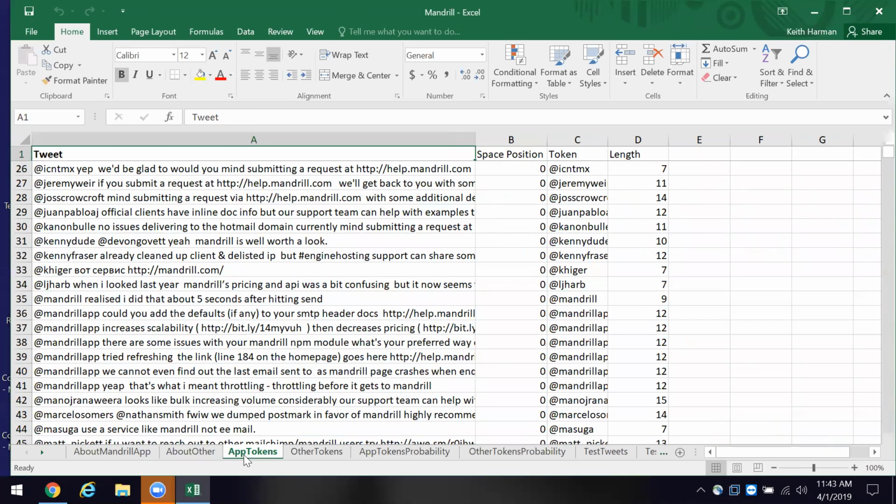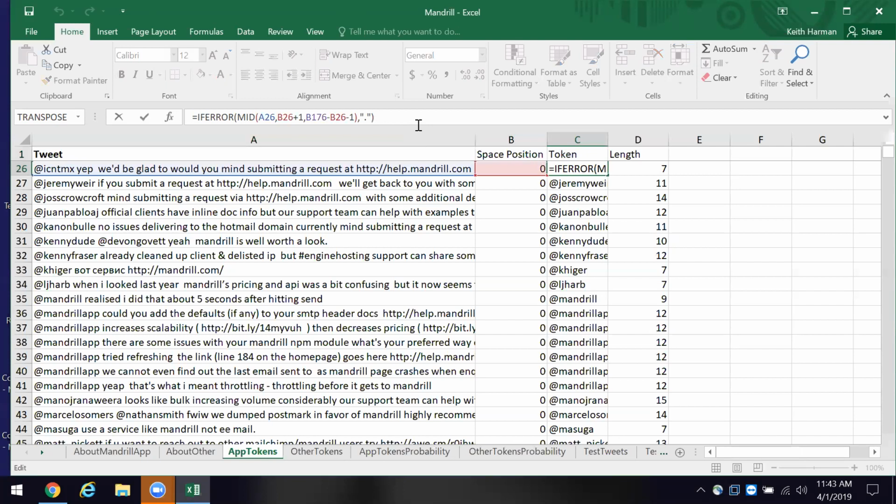Then here he's going to start to look at these app tokens in terms of their length. And he's going to start with a space position 0, and he's going to say, okay, my token, how long is it? And he's going to use a conditional statement.